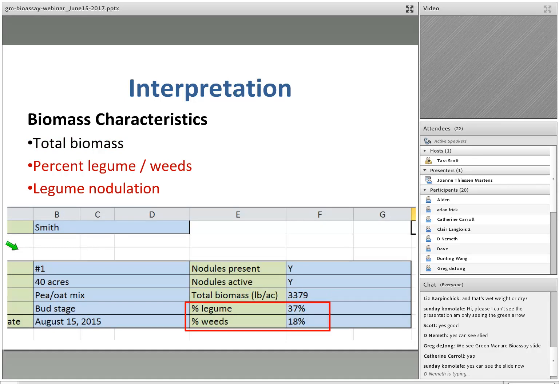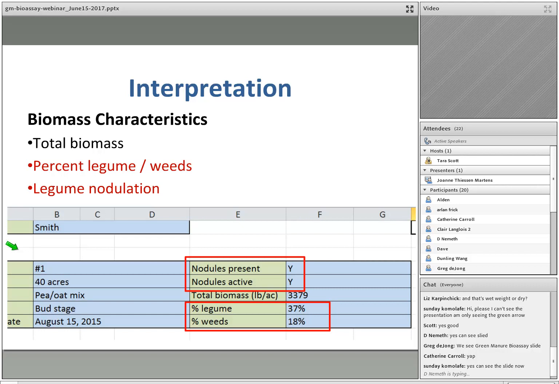Percent legume and percent weeds. Here we see we've got 37% legume in this example and 18% weeds. That percent legume is a little on the low side. We would aim for usually 50% or more. What is the reason for that? There can be so many reasons that there is too little legume in that mix. One of those might be that it was not inoculated properly.